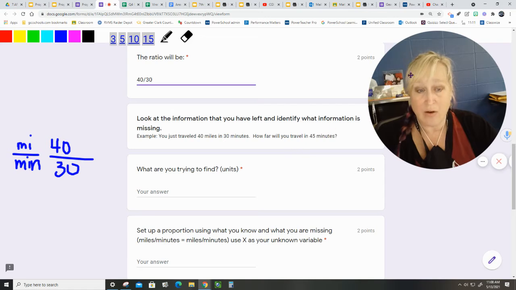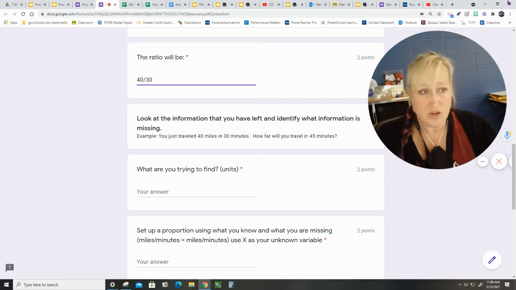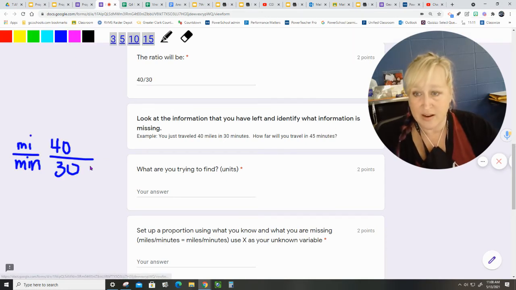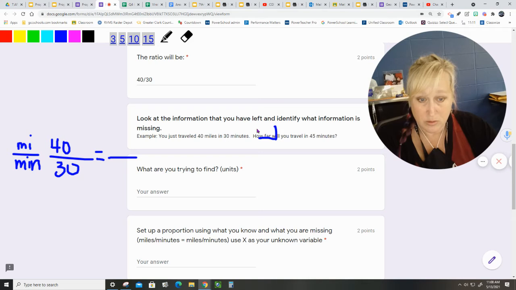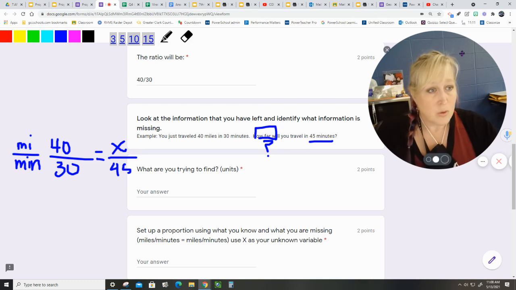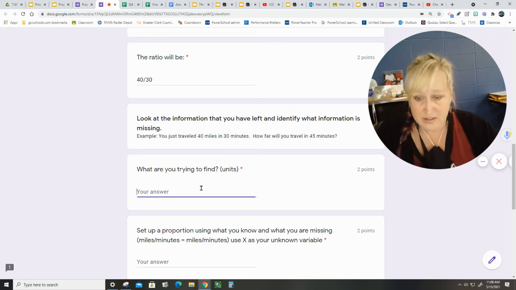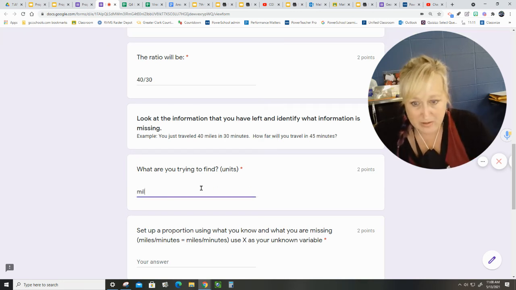It wants to know how far you will travel. So I'm going to set that up with the other miles per minute. We do not know miles, but we do know the minutes. So since miles is on top, we will put X at the top and 45 here. What we are trying to find is miles.